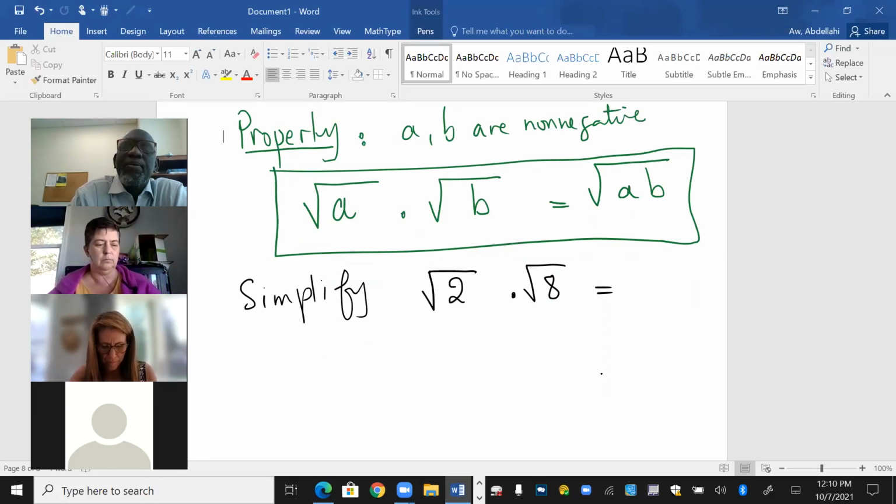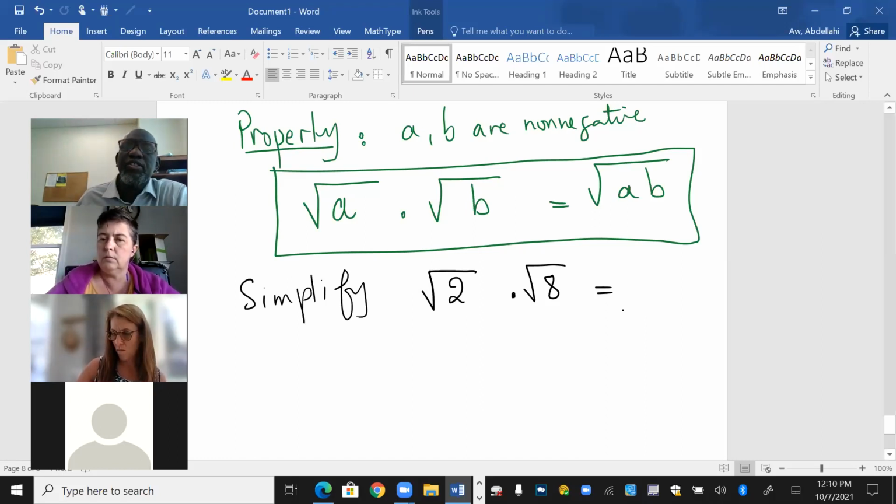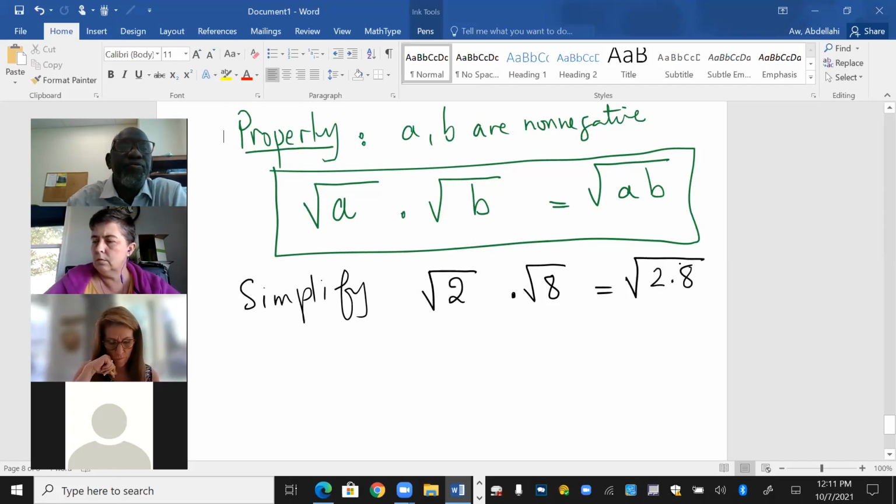But what does the rule above allow me to do? It allows me to put them under the same umbrella, under the same square root. If it is a multiplication, by the way, you see? If it is addition, we don't do that, okay? If it is a multiplication, this is actually the square root of 2 times 8. And which happens to be what?